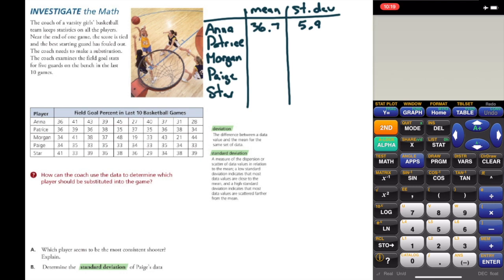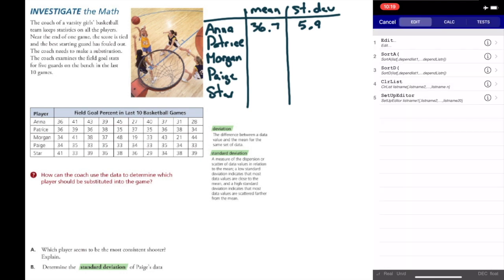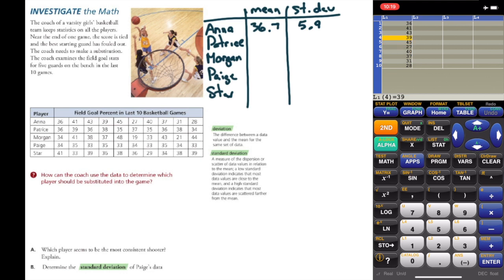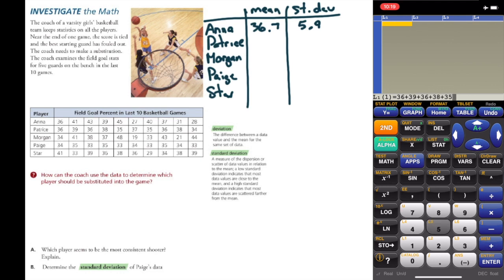We'll clear that out, go back, and we'll enter the data for Patrice. Again, clear out Anna's data, clear, enter to do the whole list. And again, I am hitting the wrong buttons.